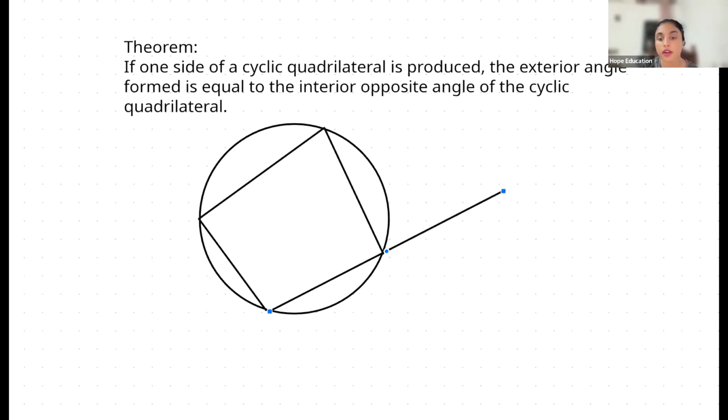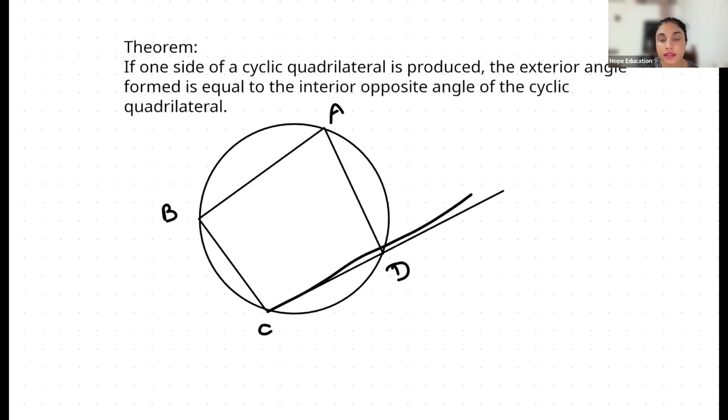When you produce one side, it will form an angle, right? Let's say this is A, B, C, D. Can you see that I have extended the CD side, right?